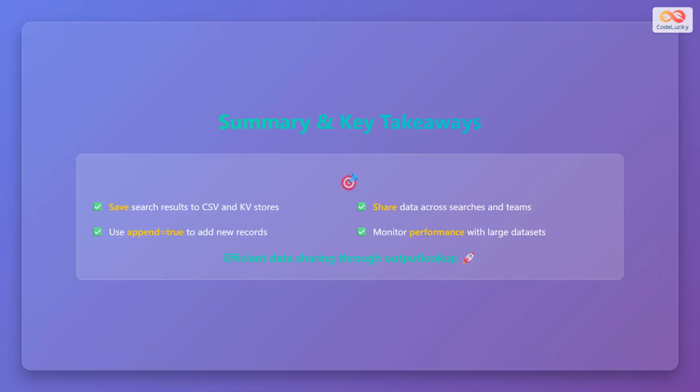Understanding performance considerations ensures your lookup operations scale effectively with growing data volumes. By mastering outputlookup, you enable seamless data sharing across teams and searches, creating a more collaborative and efficient analytics environment. This command transforms temporary search results into persistent, reusable data assets that enhance your overall Splunk implementation.